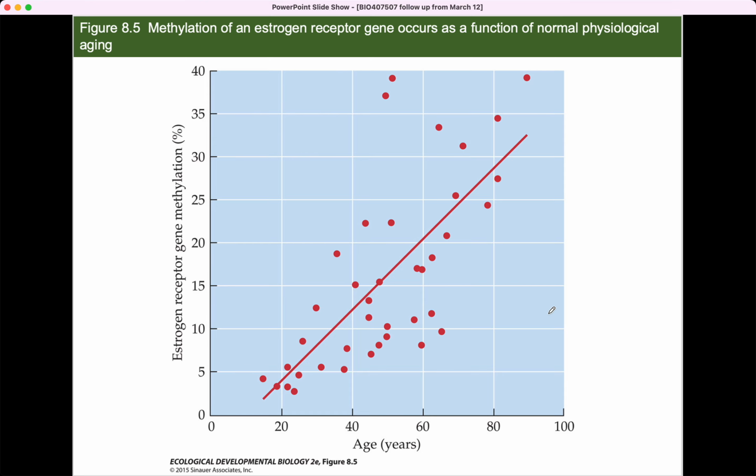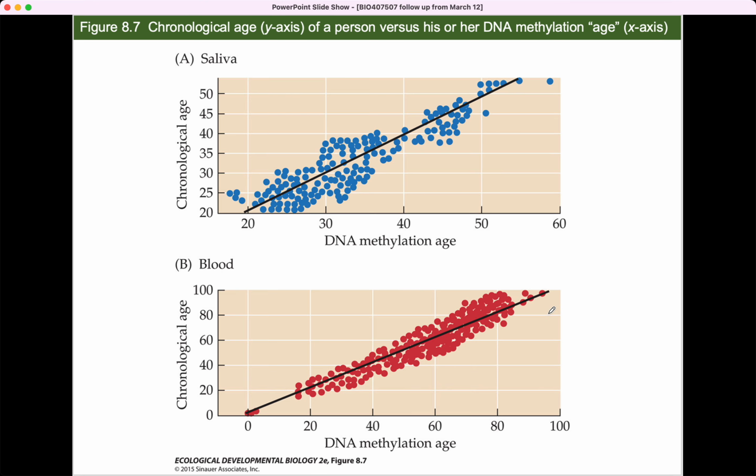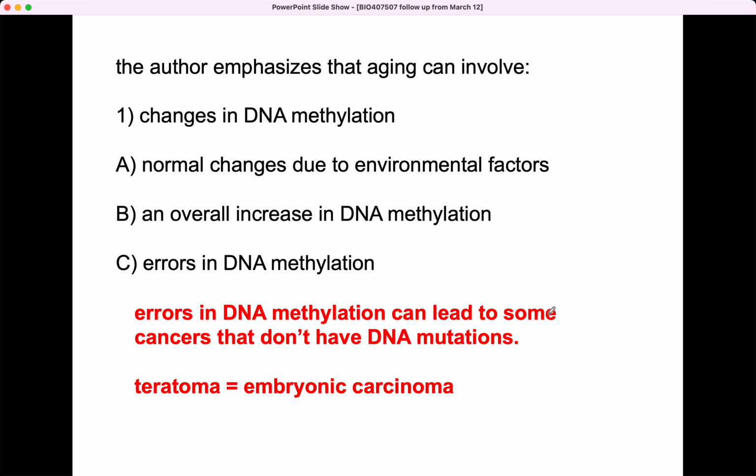And that leads to aging and the different rates of aging randomly. So overall DNA methylation could be used as a test to estimate someone's age. And so just a little summary statement there.